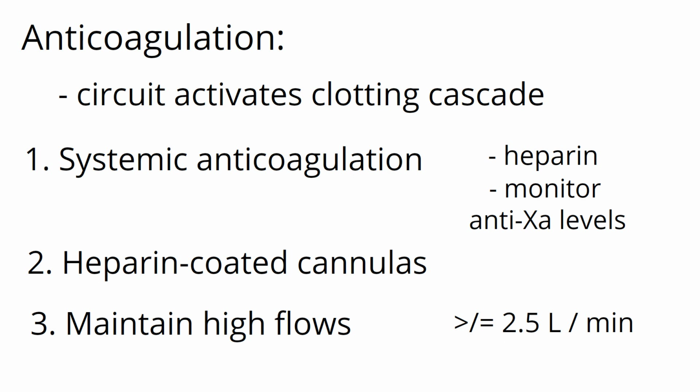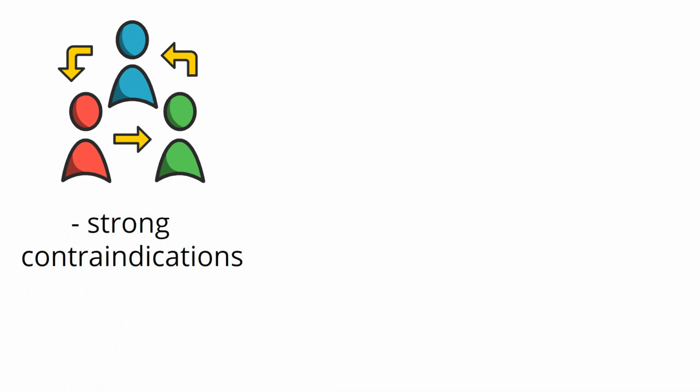This is especially important if a patient is unable to tolerate systemic anticoagulation due to major bleeding issues. So let's rewind. Putting someone on VV ECMO is incredibly complex. You should always work with your team to discuss if this is a viable treatment option for your patient. In general, remember there are strong contraindications like other organ failure, metastatic malignancy, severe neurological insult, and irreversible lung damage that you must consider.